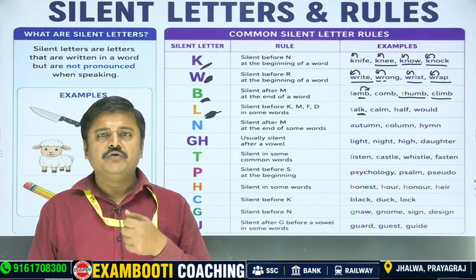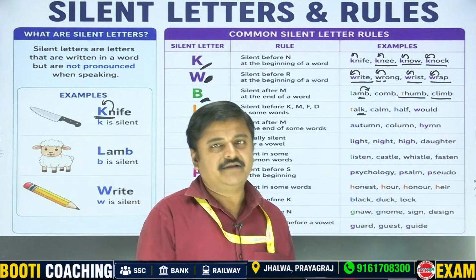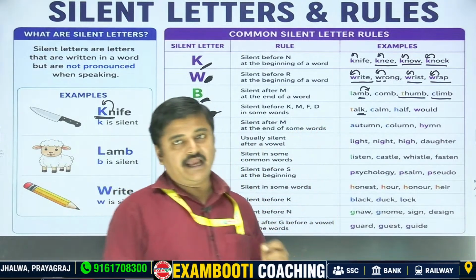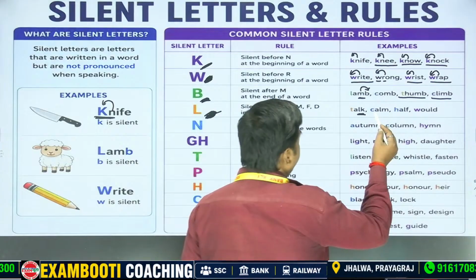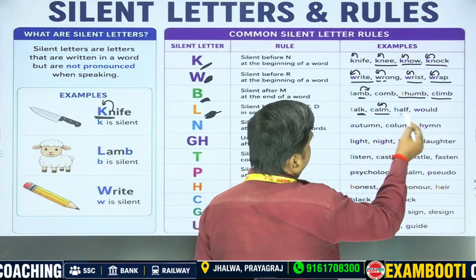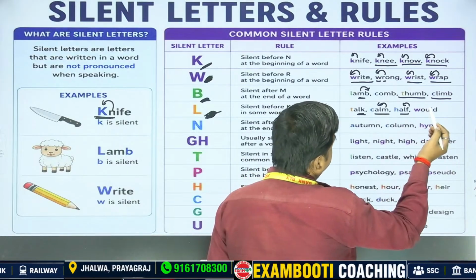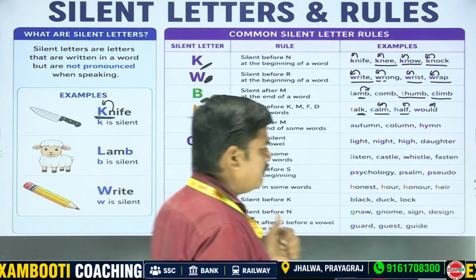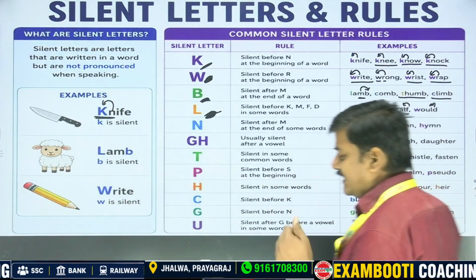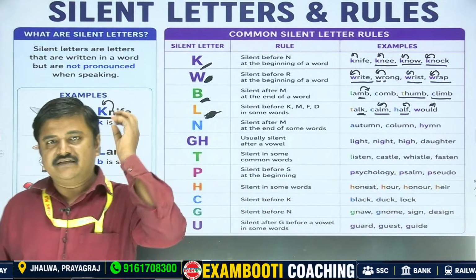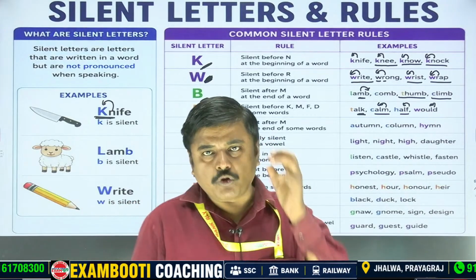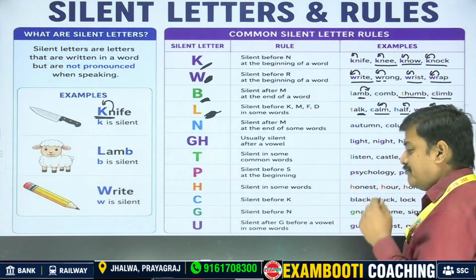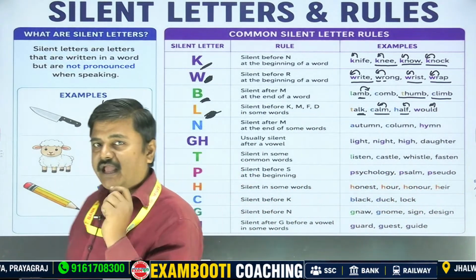In talk, L is before K. In calm, L is before M. In half, L is before F. And in wood, L is before D. So whenever you see L before K, M, F, D, just keep focusing on it.